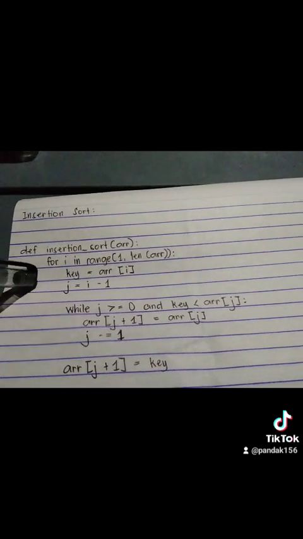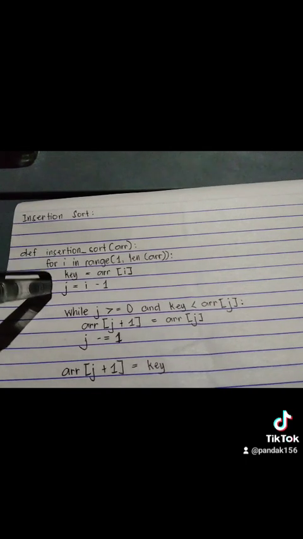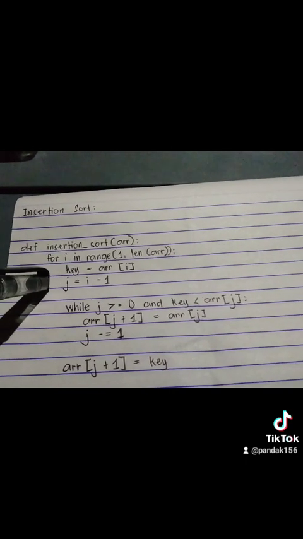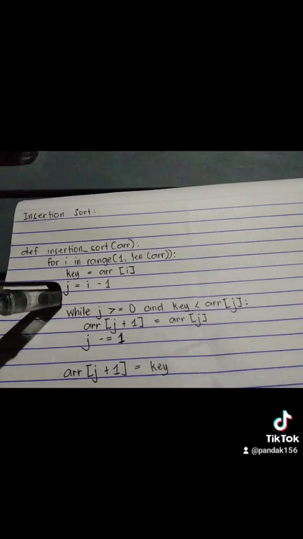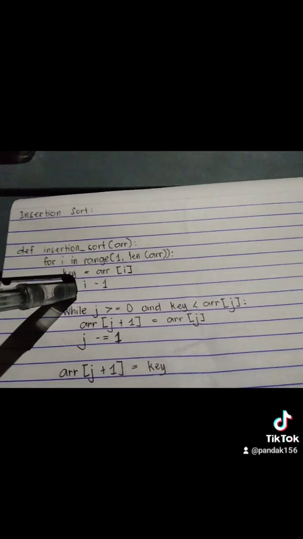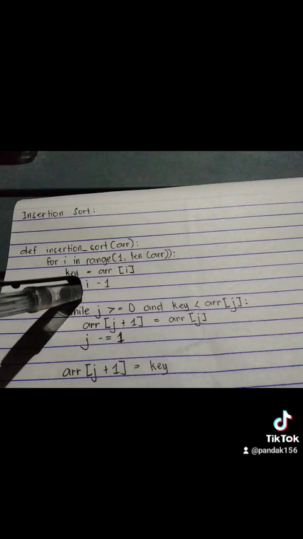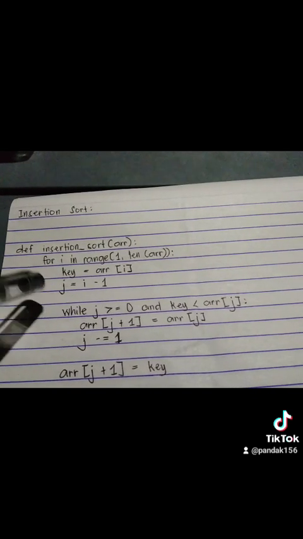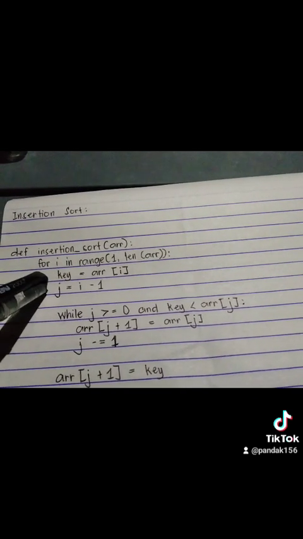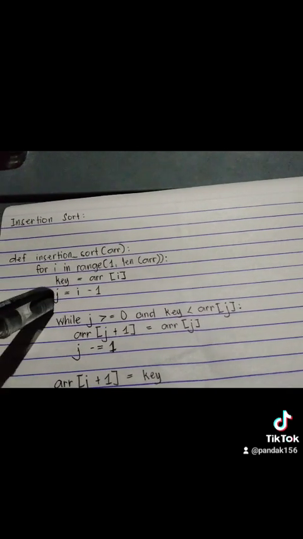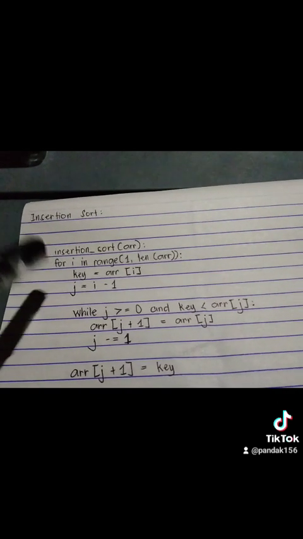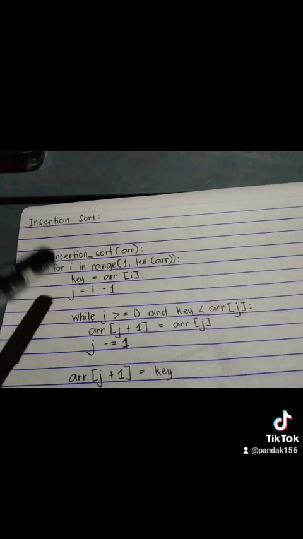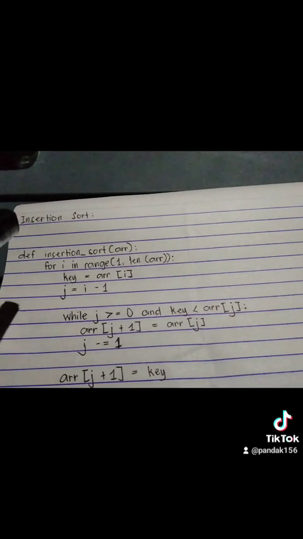This line initializes a variable j to the index of the element just before the current element. j will be used to compare and shift elements in the sorted part of the array.